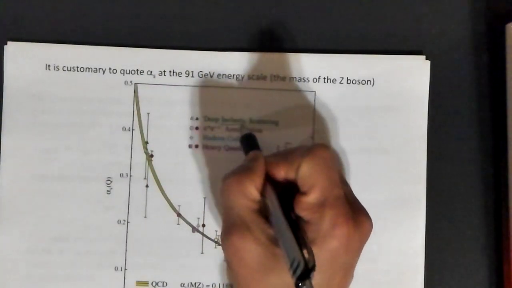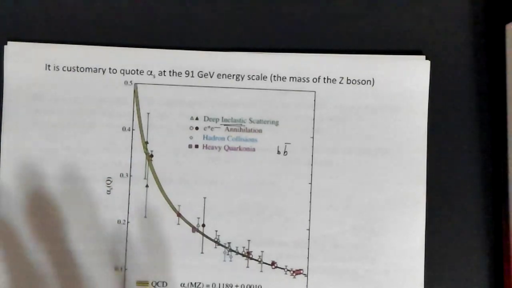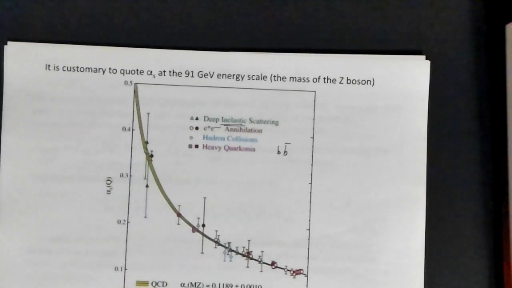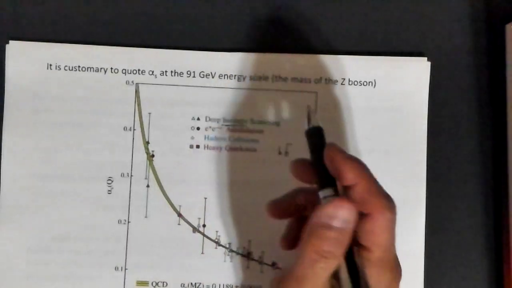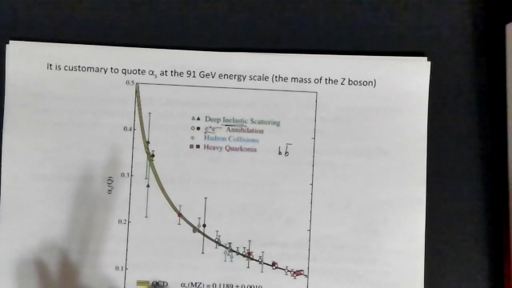The term inelastic means you destroy the original state and just look for other things that come out. You can also have e plus e minus annihilation, where an electron and positron annihilate each other, form a virtual photon, and then you look for everything that comes out of that.